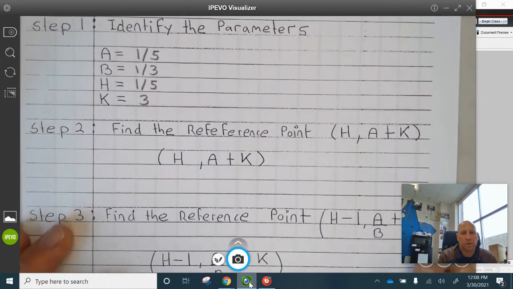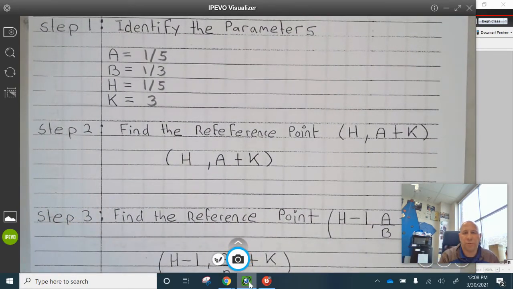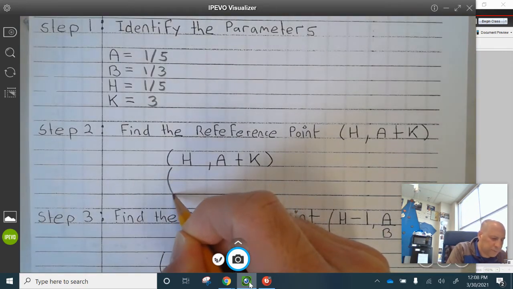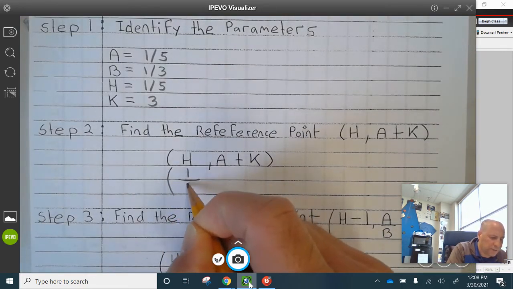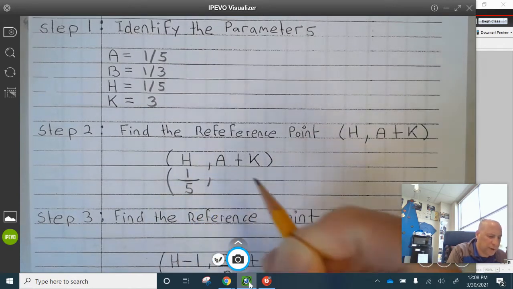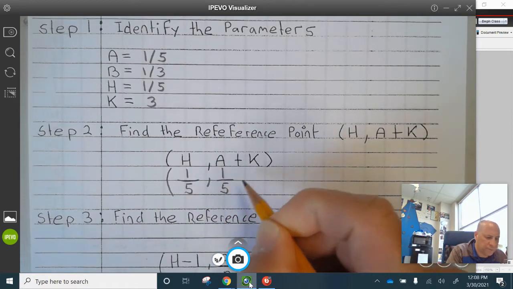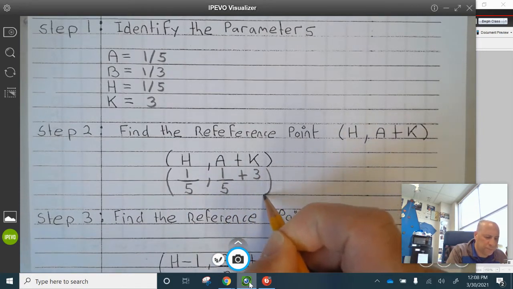Okay. Find the reference point h, comma a plus k. So h, which is 1/5, comma a, which is 1/5, plus k, which is 3.